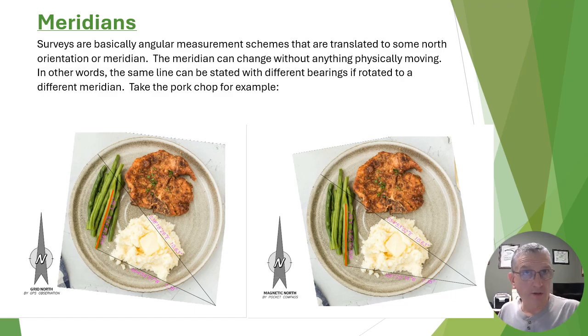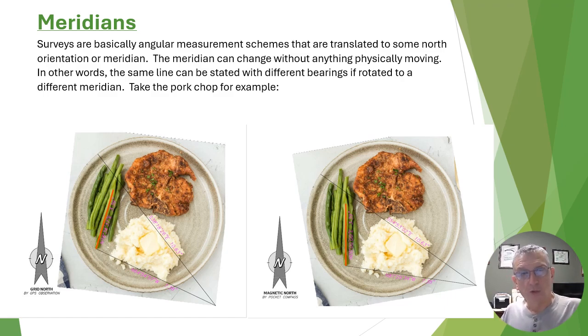Going to grid north helps to standardize that. But newsflash, when the new datums come out next year, Grid North 2025 is going to be different than Grid North NAD 83, at least in most of the state of Georgia. And even then, duplicating the bearing is not going to be perfect within a second.